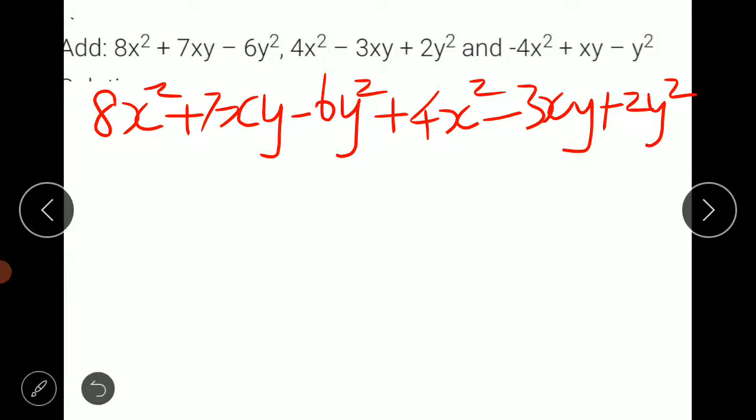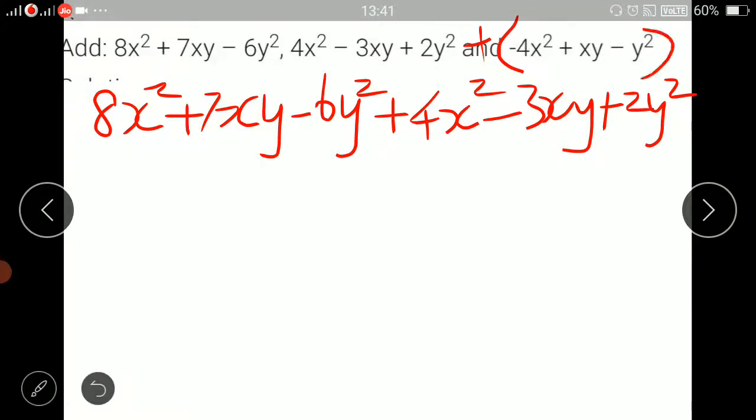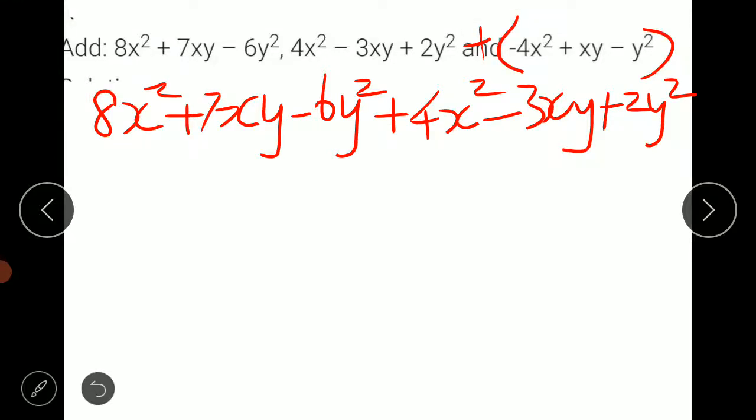Second term we added, then plus, then we will be doing like this, plus of, because the third expression is having 3 terms. Each expression is having 3 terms, that is trinomial expressions. So when we do with plus, there won't be any changes. Remains same, plus into minus, minus 4x square plus xy minus y square. So let's copy.